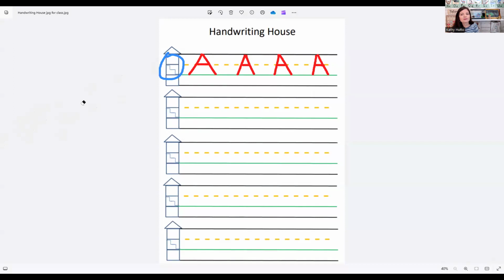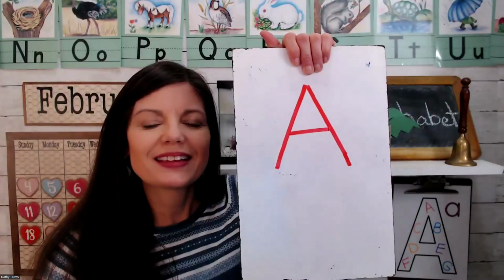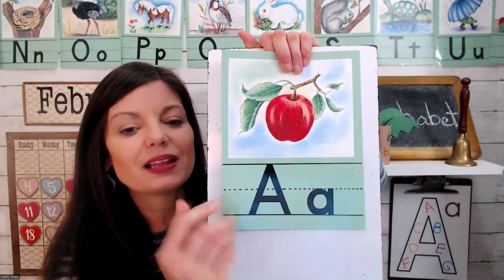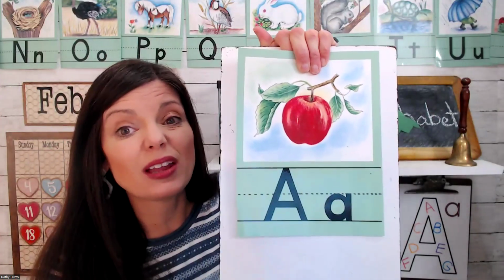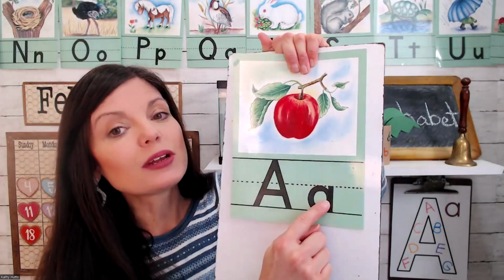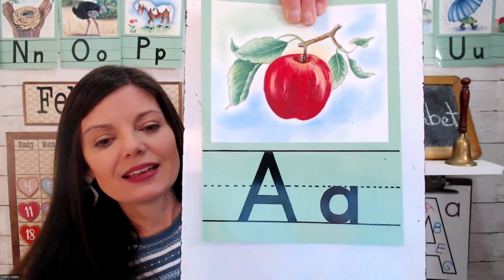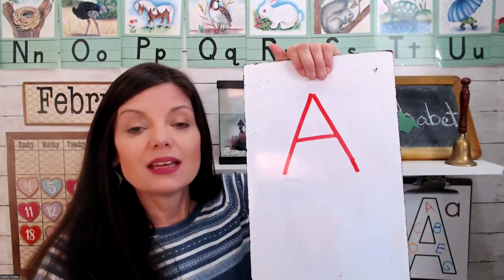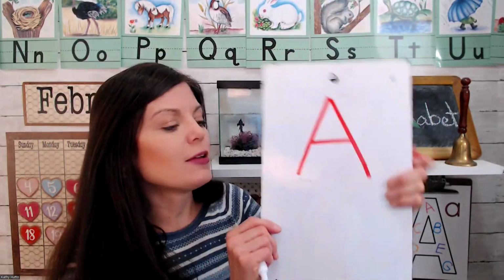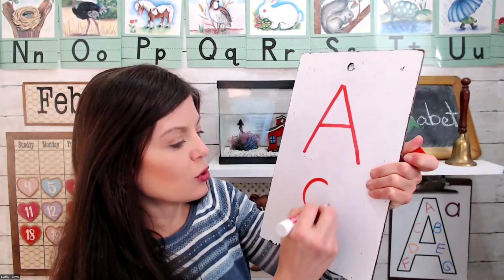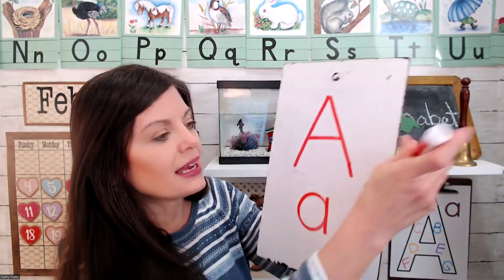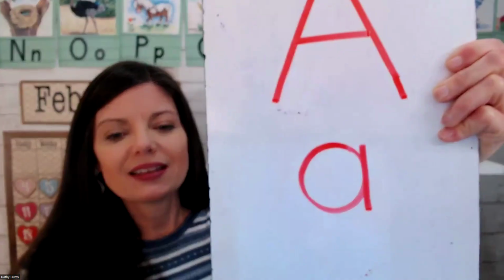Well, let's take a look and see what lowercase a looks like. Lowercase a doesn't look at all like uppercase A. Lowercase a looks like a circle and a line. Let me show you. To make lowercase a, just make a circle and right beside it, a line.